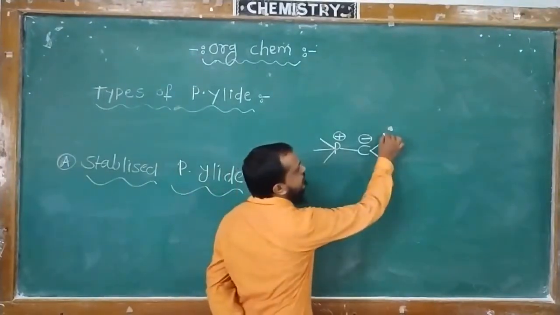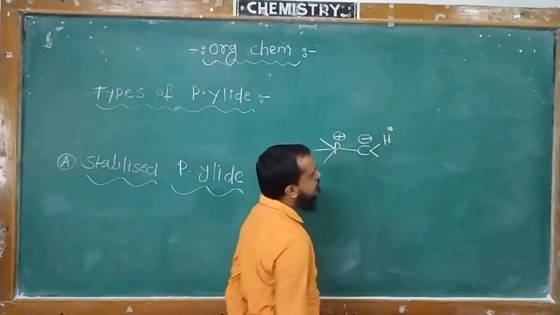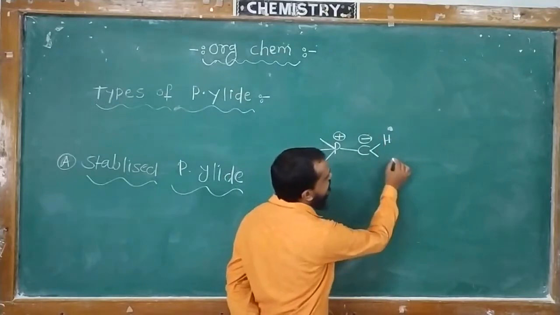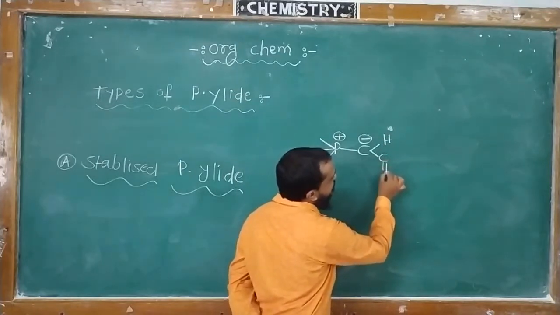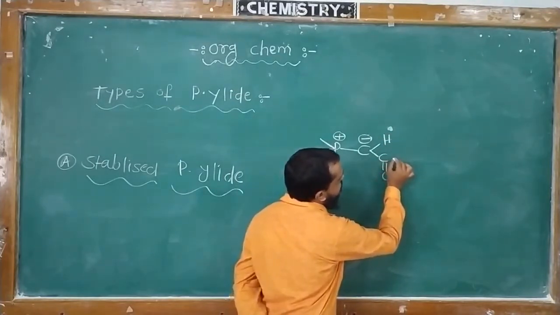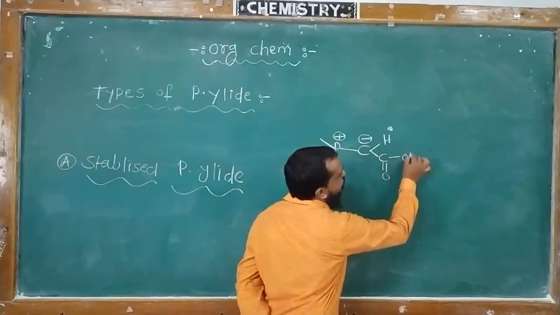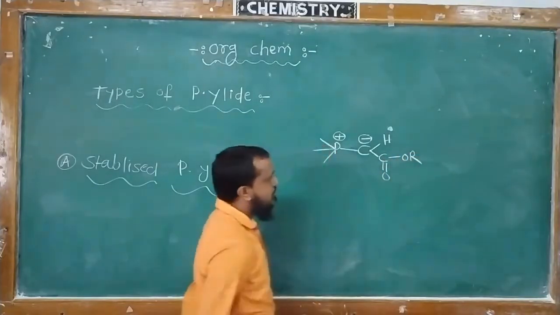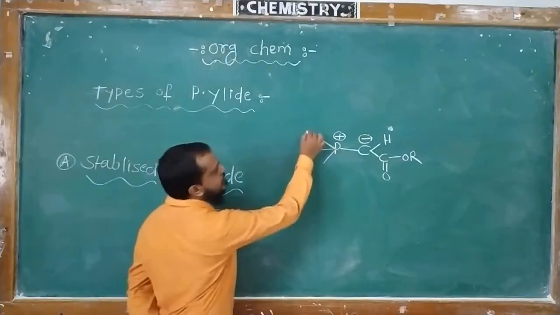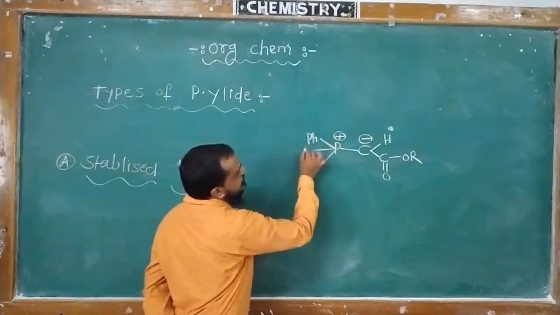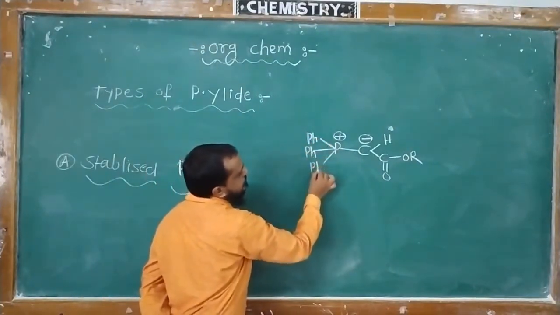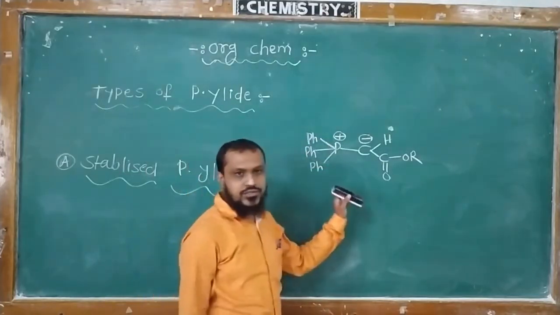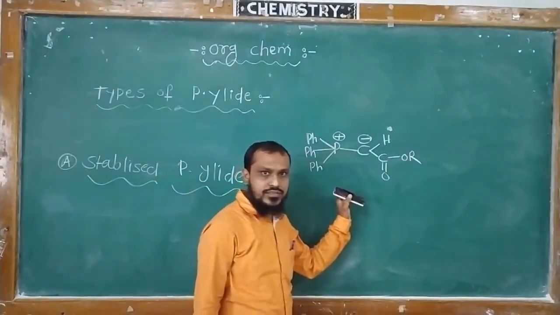Here I have taken hydrogen and here taken C double bond O R, and there are taken one phenyl group, here one phenyl group, and here one phenyl group. This is the structure of phosphorus Ylide.